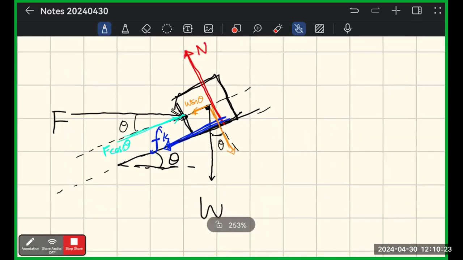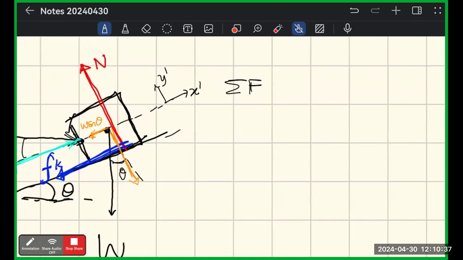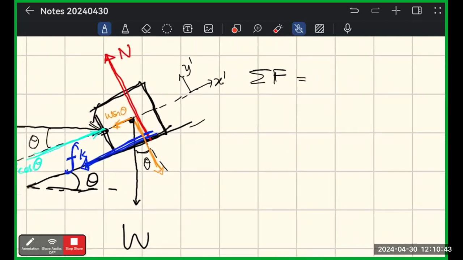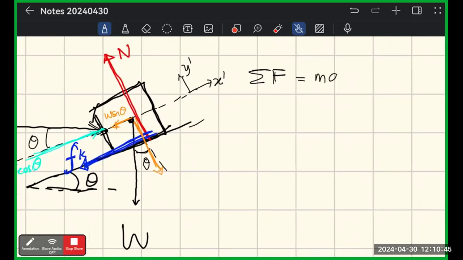So if we write down the equation on this direction, sigma F. Let's say this direction is X, and this is Y, and this is X prime, and this is Y prime. The sigma F in x prime will be m times a in the direction of x prime.